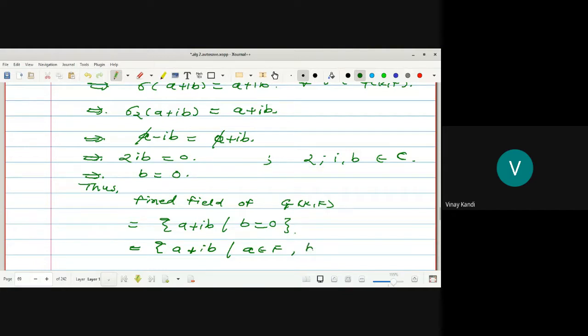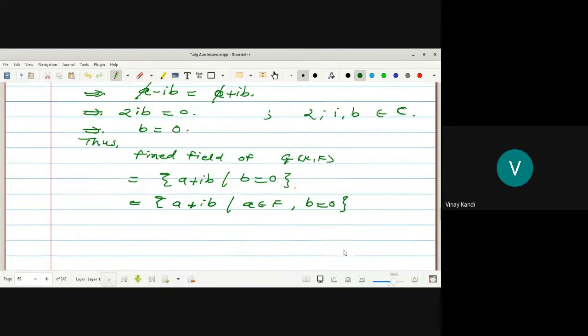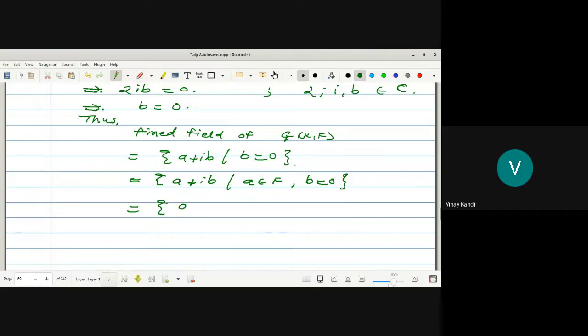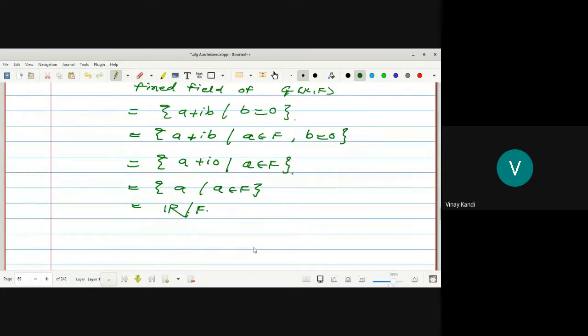This is A plus I0 such that A belongs to F, which is the set of A such that A belongs to F, the set of real numbers. Hence K is a normal extension of F. That is, C is a normal extension of capital R. Any doubt on this example?